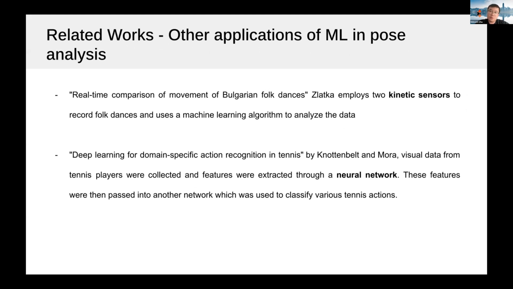And another one was a sports application by researcher Mora, where they used visual data from tennis players and fed it into a neural network to determine what specific tennis action the player was showing. Generally speaking, these many studies which utilize machine learning and pose analysis require data or parameters that are collected from specific equipment, as mentioned before. And our study differentiates this because you're able to collect data just from your phone.